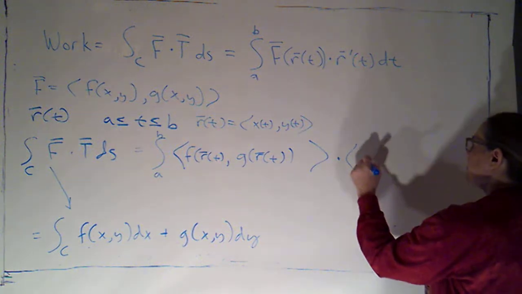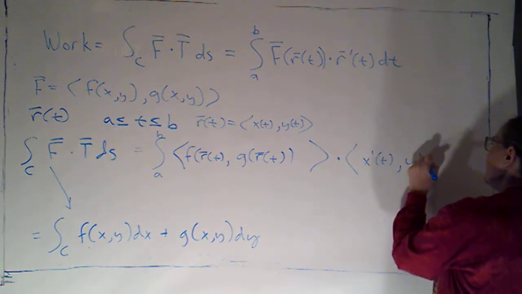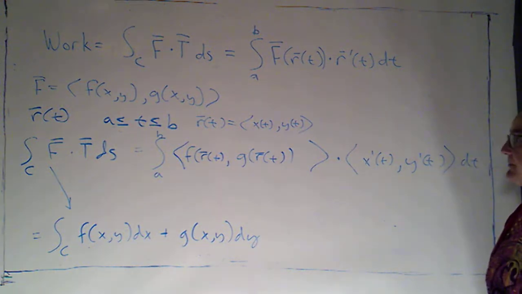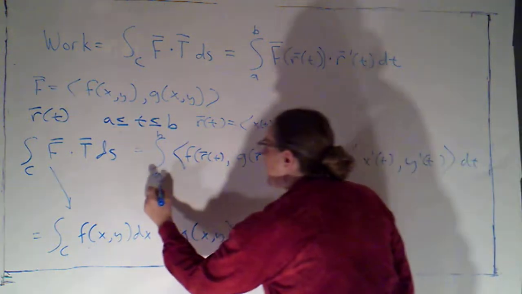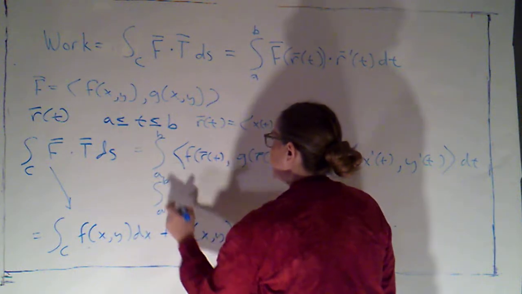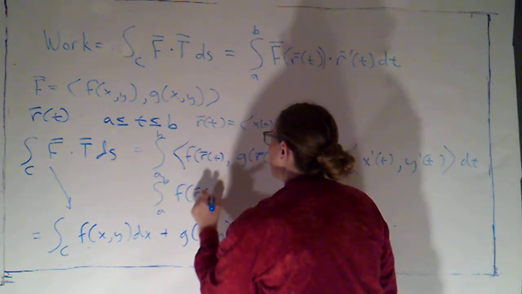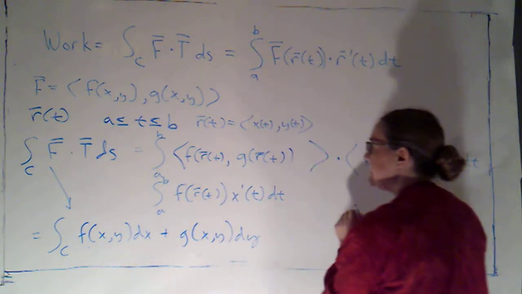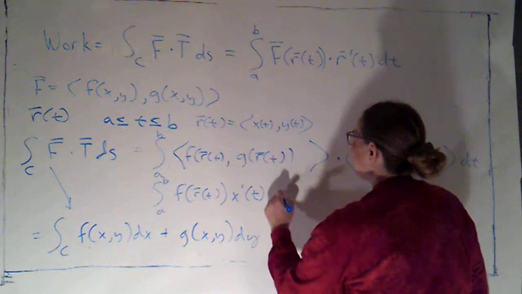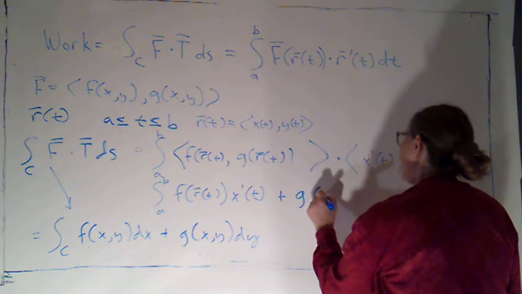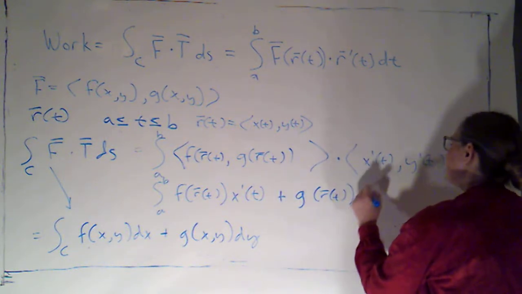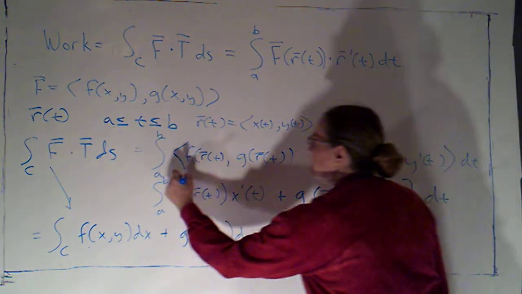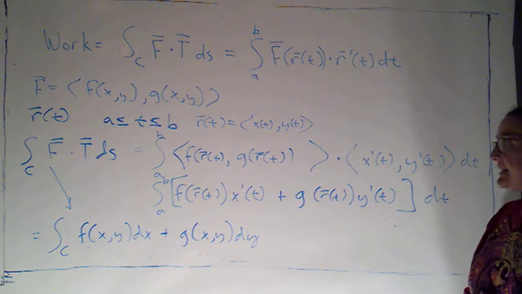So r prime would just be x prime of t, y prime of t, and then dt. So this becomes the integral from a to b of f of r of t times x prime of t, plus g of r of t times y prime of t, all of that integrated with respect to t.